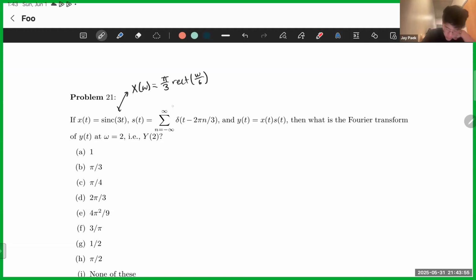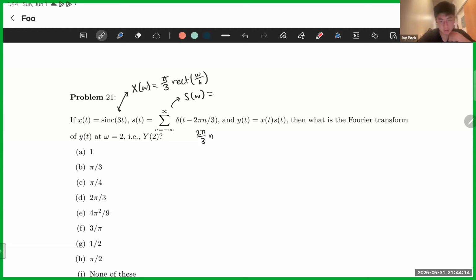This has a Fourier transform S of omega, which is, clearly you see that omega naught, this is 2 pi for 3n.